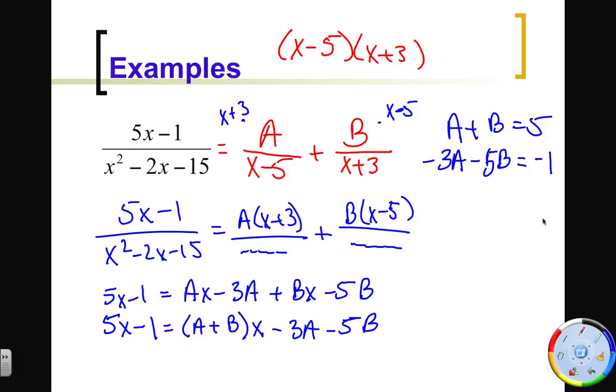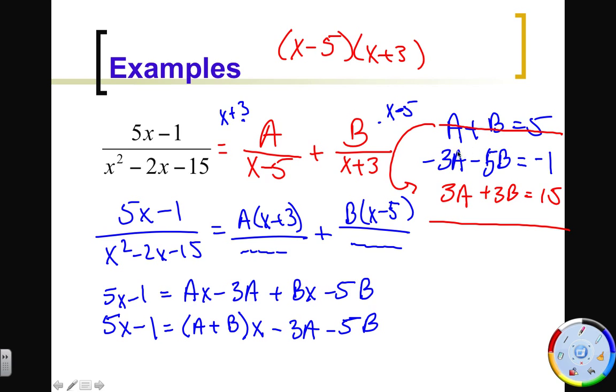Now, some of you might not remember how to solve these types of equations, but this is what's called a system of equations. I can add straight down or subtract straight down to cancel out variables. Well, in this case, nothing will cancel if I just add or subtract. So I'm going to multiply this entire equation by 3. So I get 3A plus 3B equals 15.